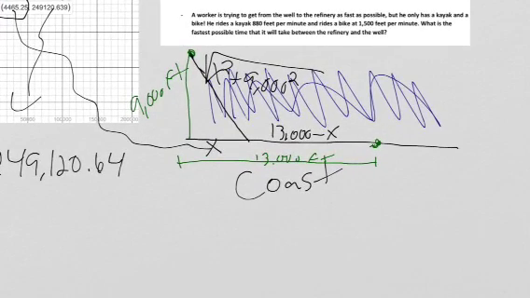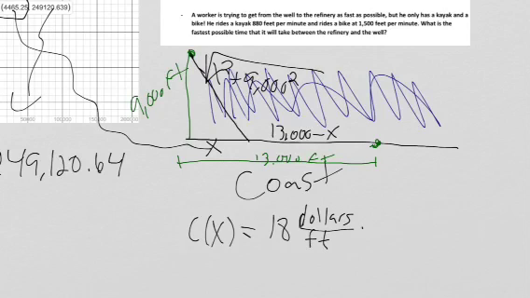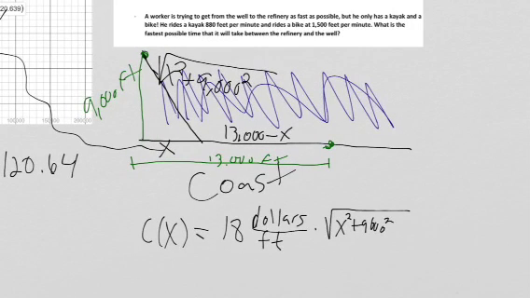When we made our cost equation, we had C of x equals 18, which represents dollars per foot, times the square root of x squared plus 9,000 squared, and this represents feet.